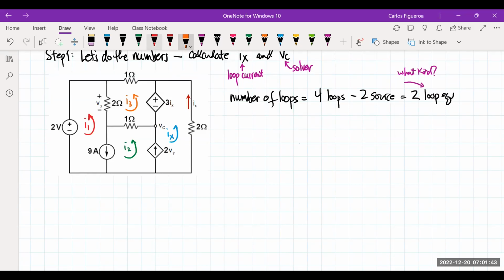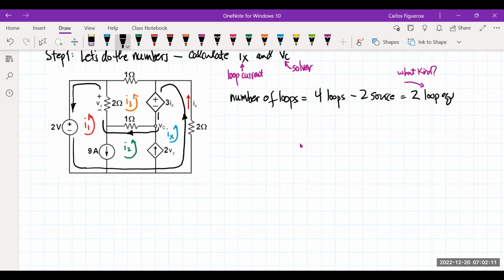This guy is a loop current that looks like this. According to the direction of Ix, the loop is moving in that direction. So I picked the direction of Ix.